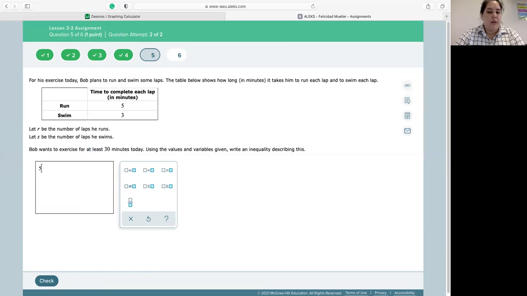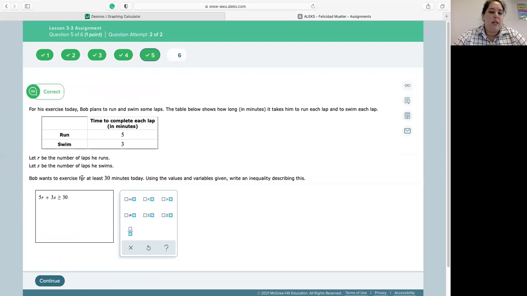So we're going to do 5R plus 3S is greater than or equal to 30. Again, this is where you need to be very careful reading, as you saw in the last example, because vocabulary does matter.